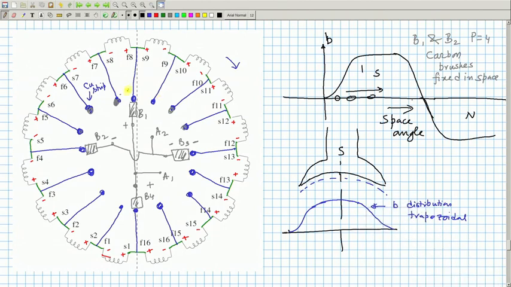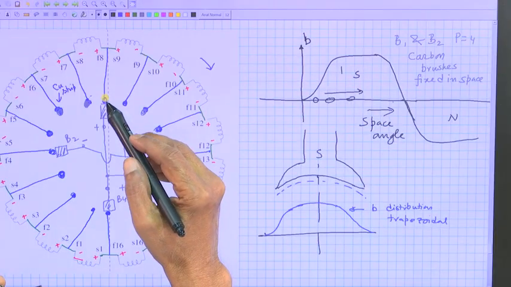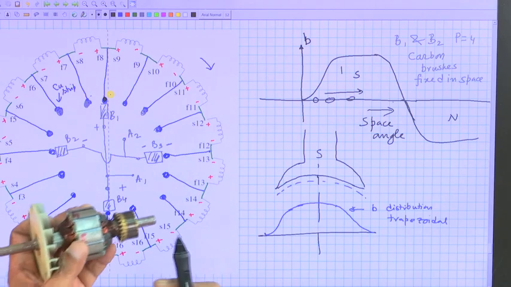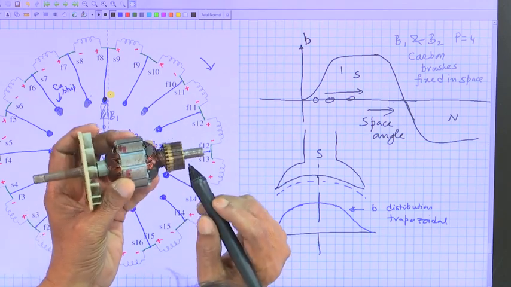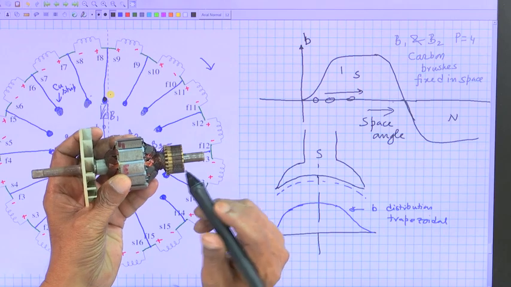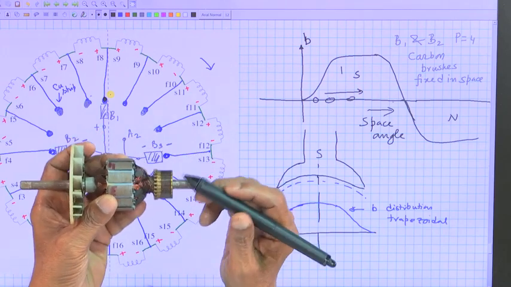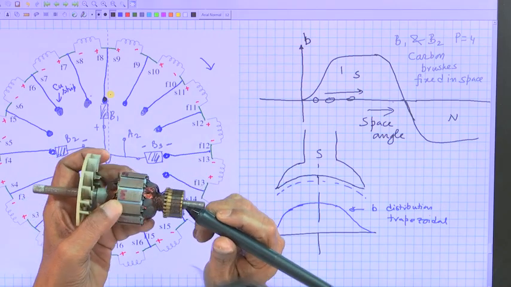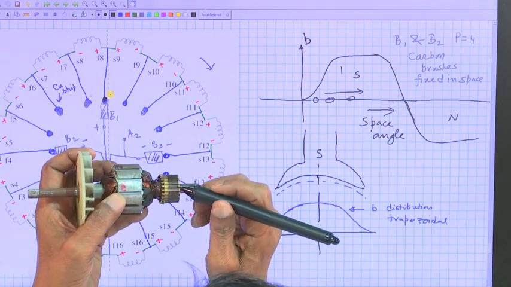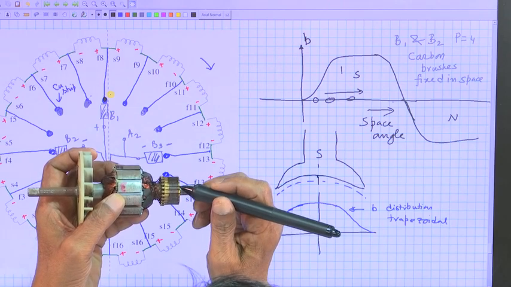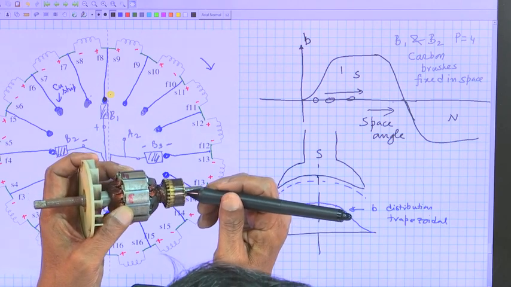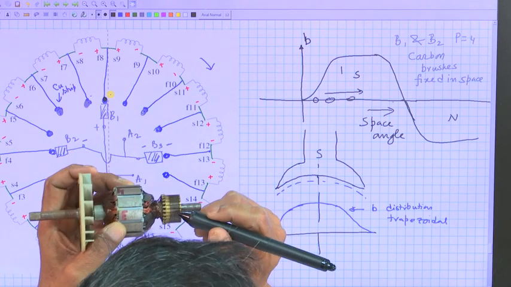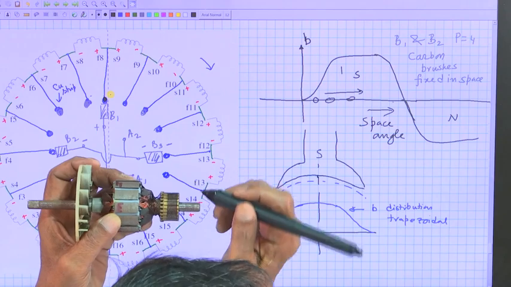So, this portion, these copper strips, are made by what is known as commutator segments. If you look at it very carefully, there are several commutator segments mounted on the shaft, and two adjacent commutator segments are insulated. It looks like a gap, but there is a mica insulation, so that each commutator segment has its own identity.